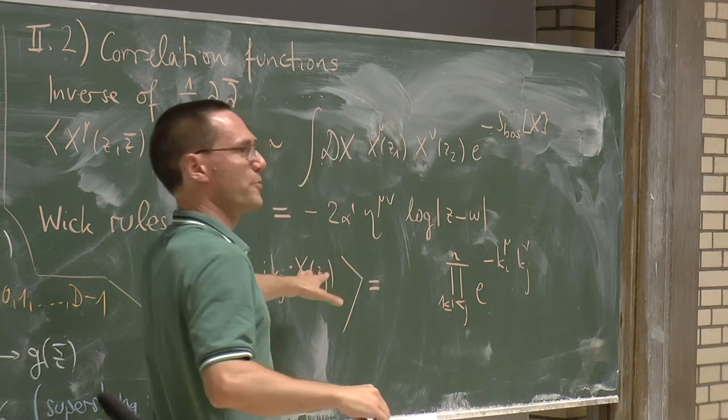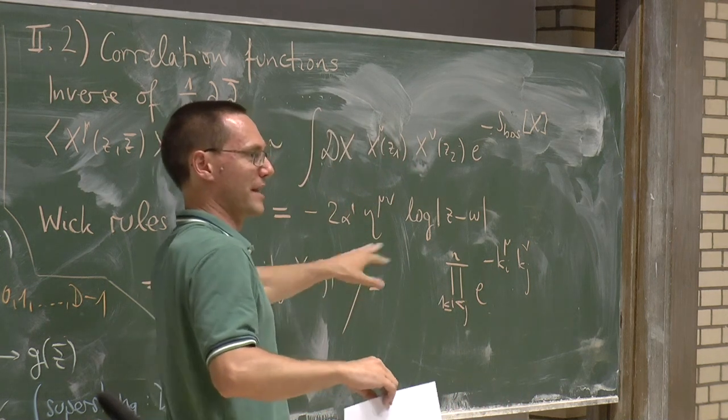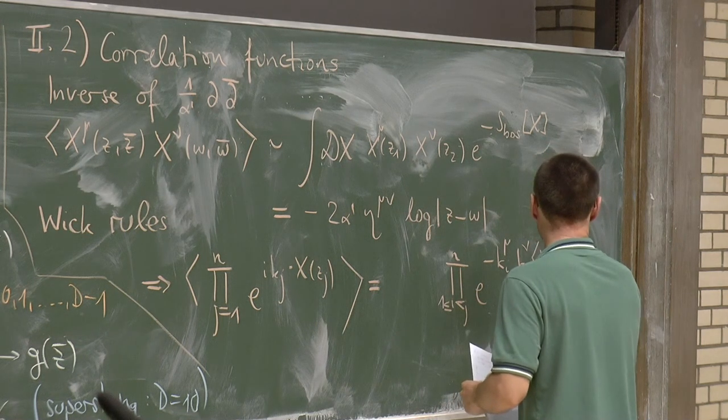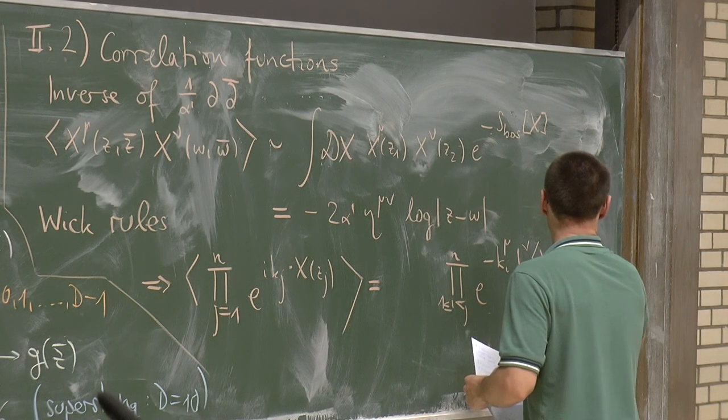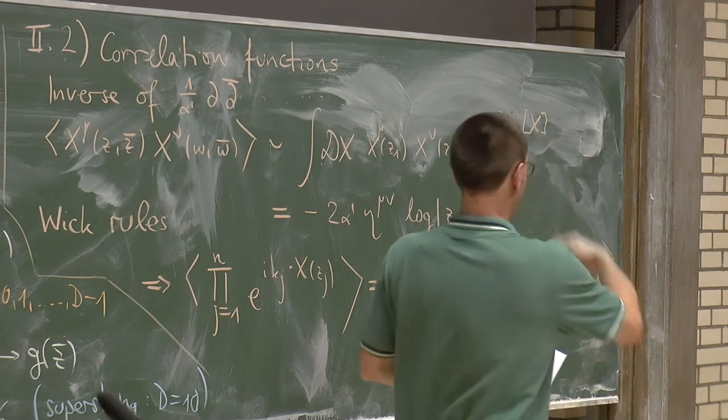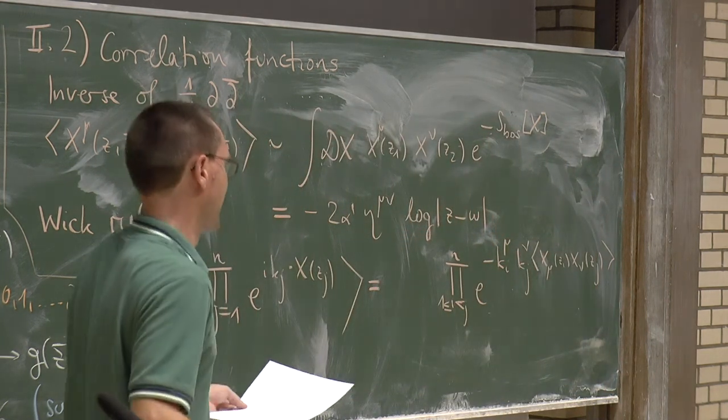There are a lot of Wick contractions going on between the different exponentials. Let me encourage you to go through the details yourself. And you just, by doing the combinatorics, arrive at an exponential.